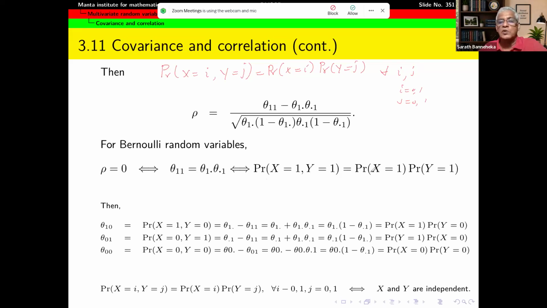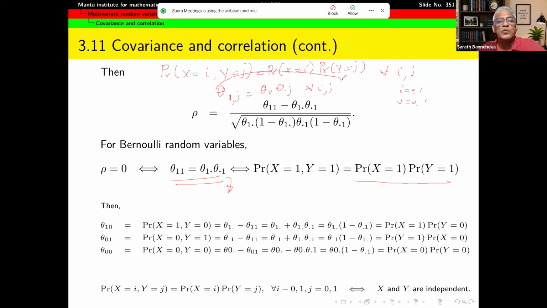This expression alone will not imply that. But using this expression, we can show that, in general in terms of theta ij, theta ij has to be equal to theta i dot times theta dot j for all i, j, right?